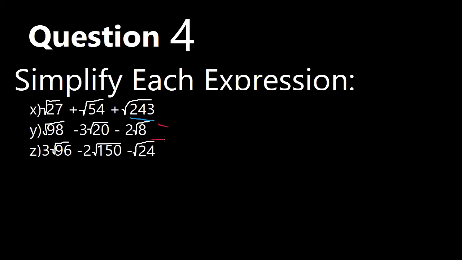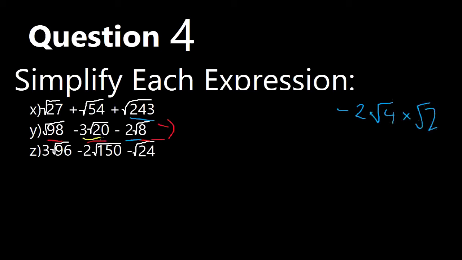Okay, so let's go on to y now. Do we have any prime numbers here? We don't, so we're going to need to probably simplify each one of these. I'm going to start with the easiest one, the one at the end here, which is going to be minus 2 root 8. So minus 2, and root 8 can be rewritten as root 4 times root 2.